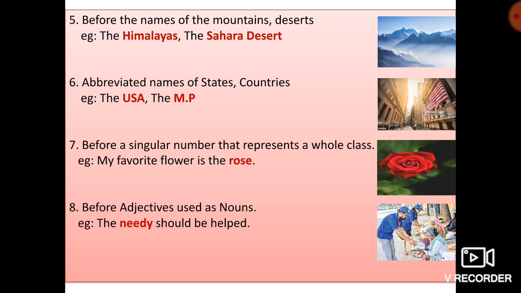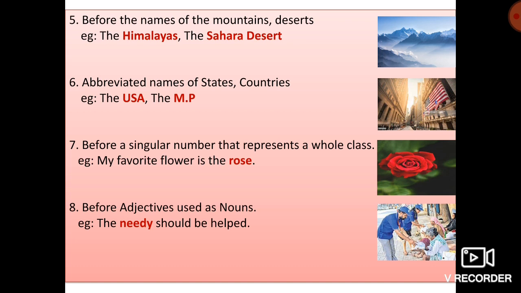Next, it is used before a singular noun that represents a whole class. Like, my favorite flower is the rose. Here, rose represents a whole class of flower.